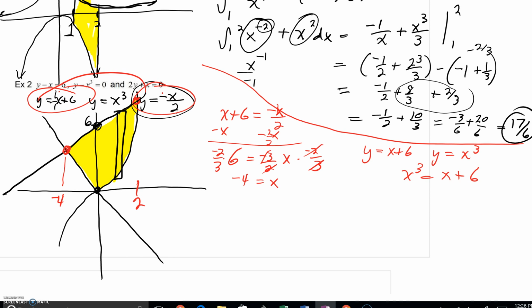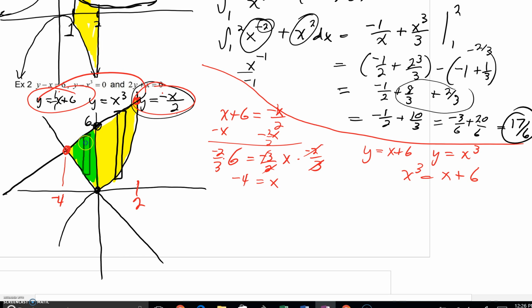Is that always true? No. And I'll tell you why. If you look over here, the top is still that line, y equals x plus 6. The bottom is not the cubic function over there, is it? It's always top minus bottom. But the problem is my bottom boundary changes over here.